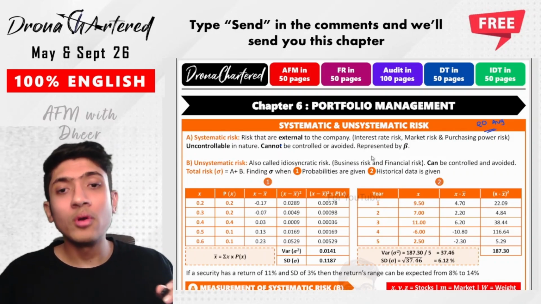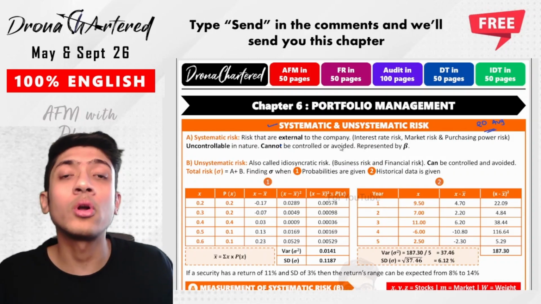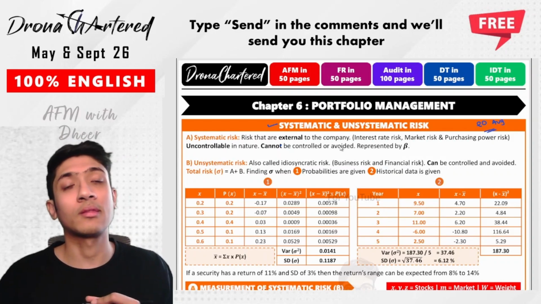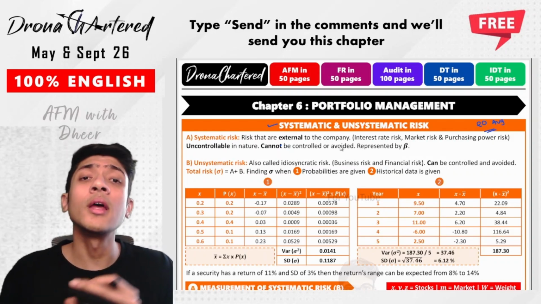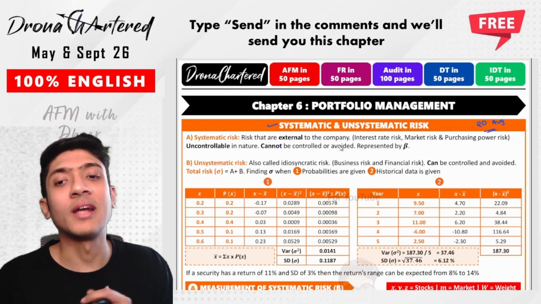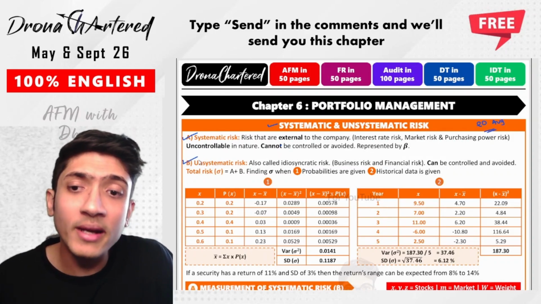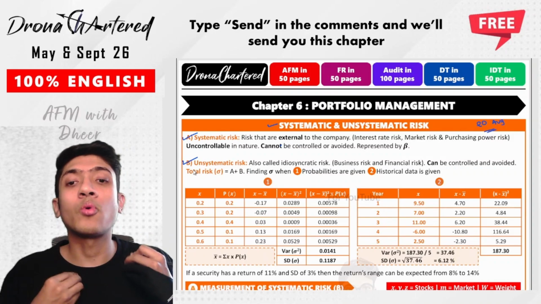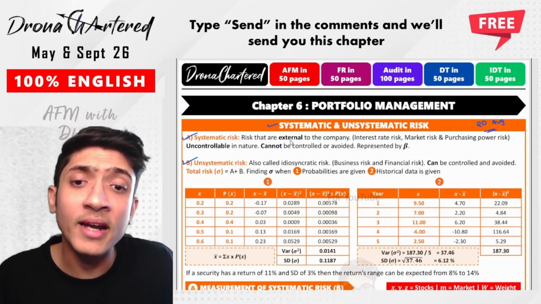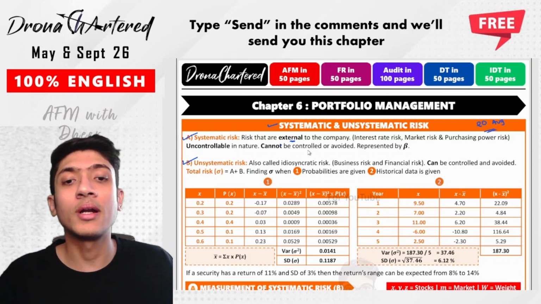Perfect. So before we start, let's first understand what systematic risk is and what we mean by unsystematic risk. Across all these chapters, across your CPT, inter, final, you would have learned about the term beta. We have two types of risk: first, systematic risk, and second, unsystematic risk. Systematic risk is what we call beta. These are risks external to the company, something the company cannot control.